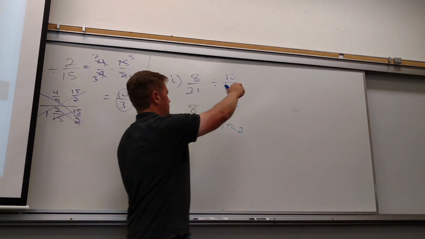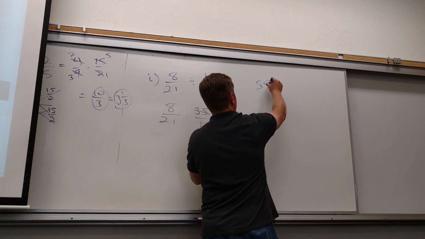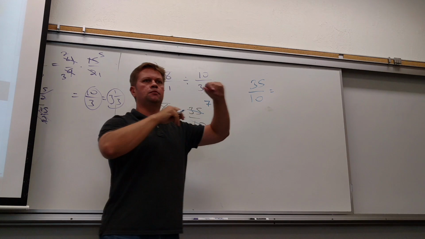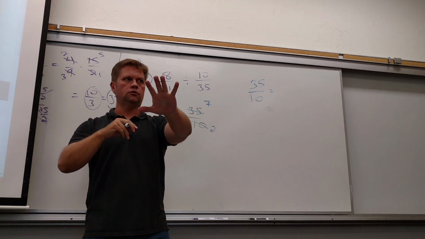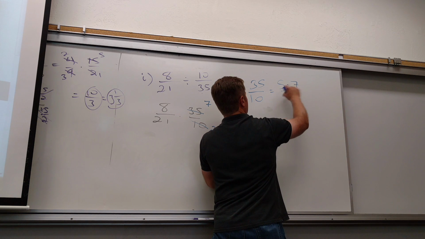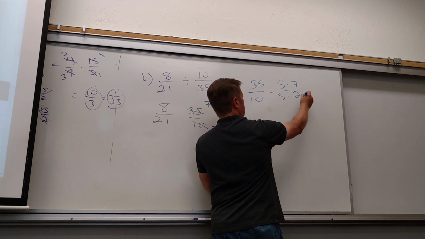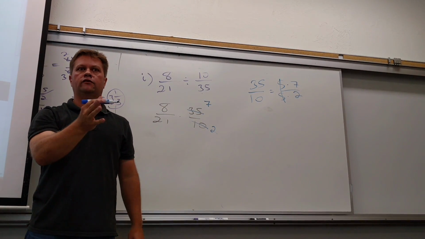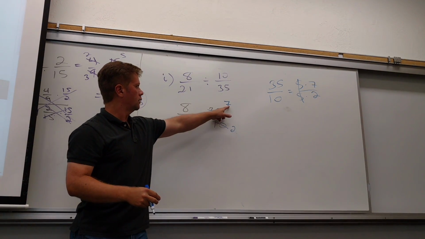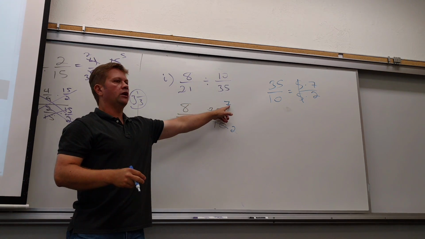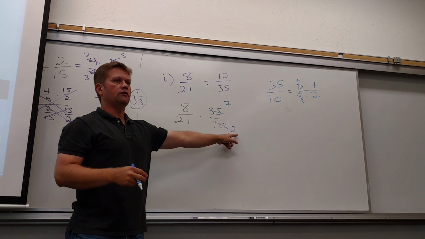So let me do this. 35 and 10 both have 5 in common, right? So 35 is 5 times 7. 10 is 5 times 2. So those would, of course, cancel. 5 divided by 5 is 1. So that's really where the 7 over 2 comes from, right? Divide this by 5 and left with 7. Divide this by 5 and left with 2.